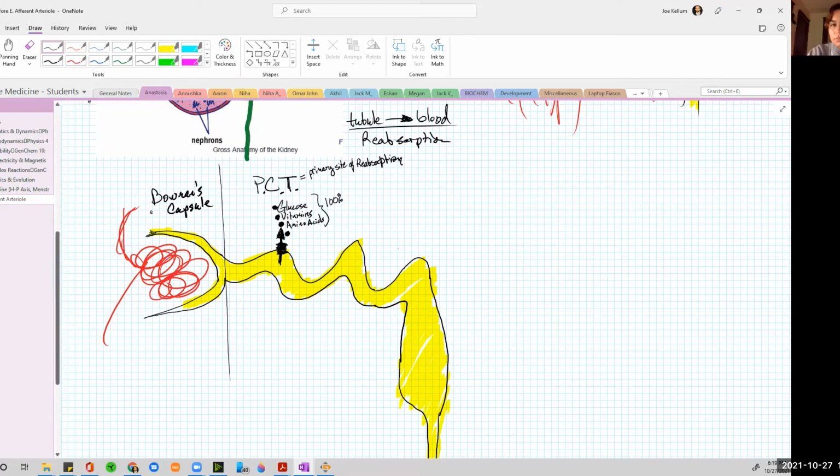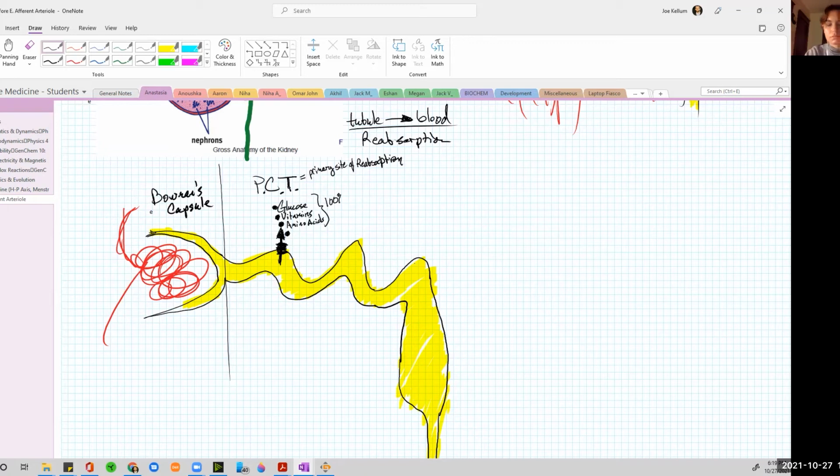Once it gets past there, we have no more channels or pumps for active reabsorption of glucose from tubule to blood, so any glucose that gets past the proximal convoluted tubule will get excreted in the urine.